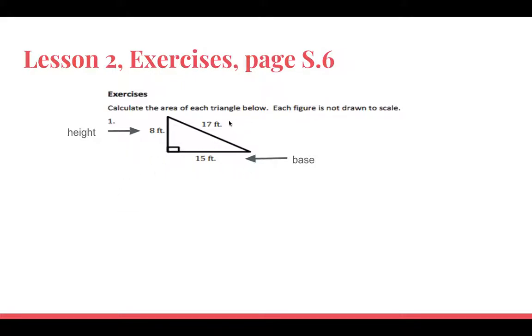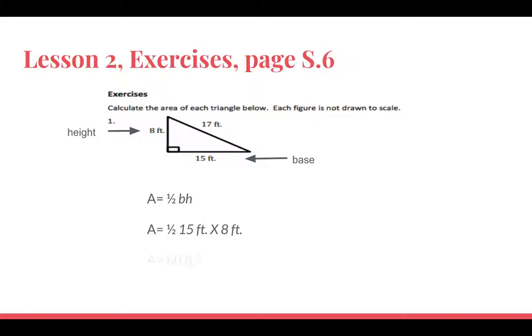Since this triangle is 1/2 of the parallelogram, our area is 1/2 base times height. And we've found that the formula should be 1/2 times 15 feet times 8 feet.